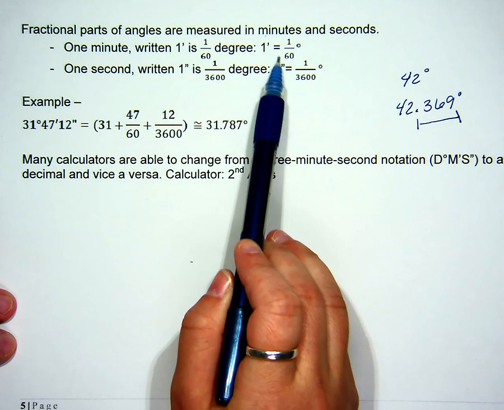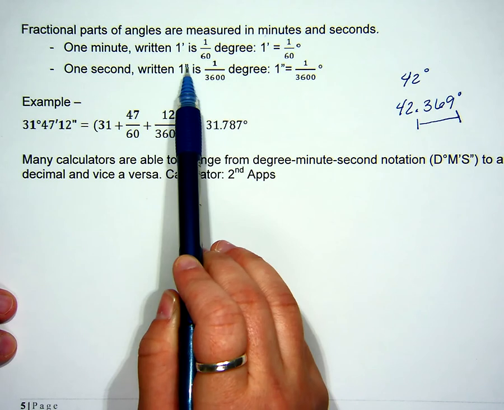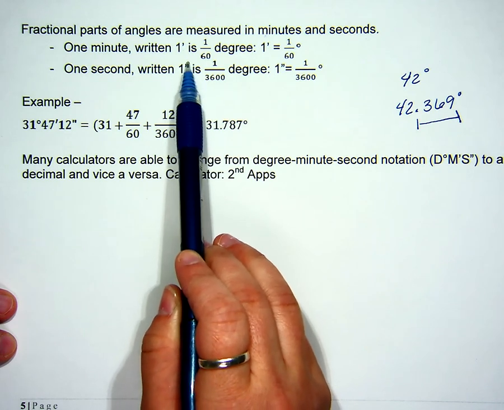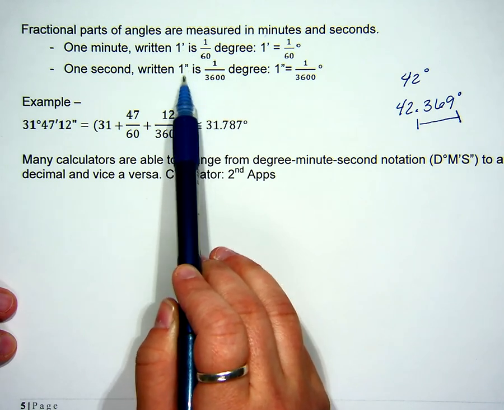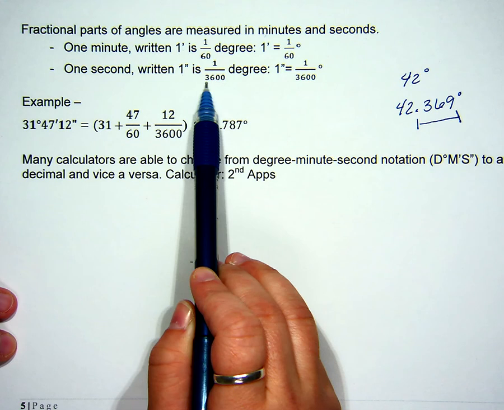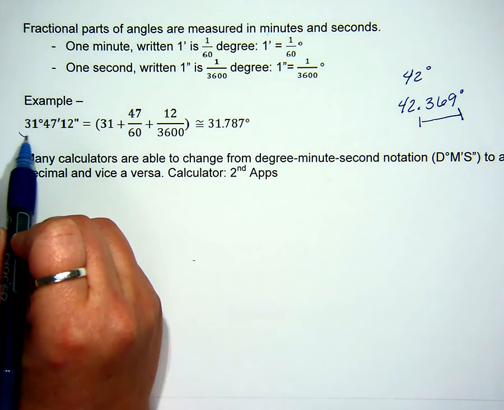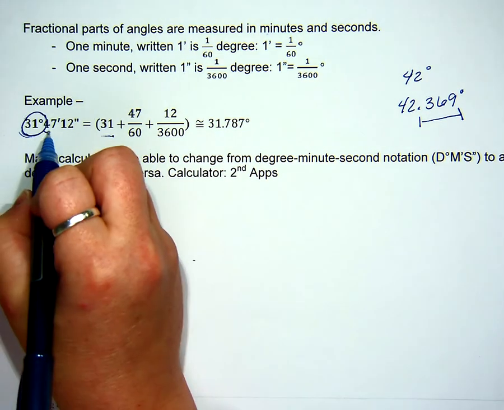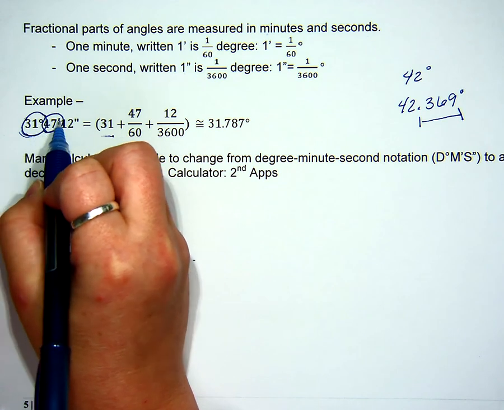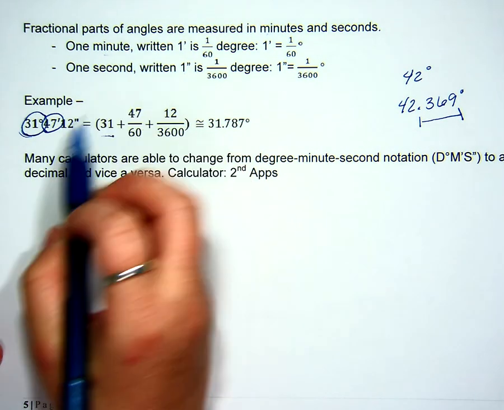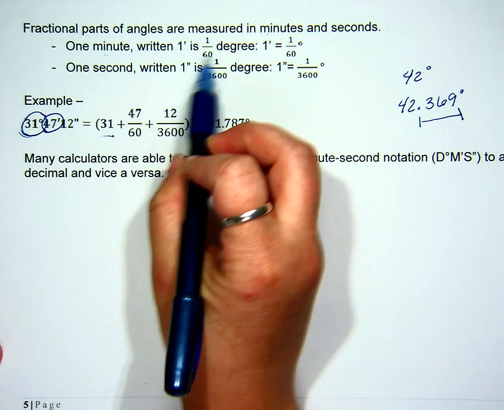A second is written with two marks, and is 1/3600th of a degree. So here the question becomes, how do I do this? The degree is the whole, so you write it as a whole. Then 47 with one mark means minutes. Minutes are 60ths, so 47 over 60.